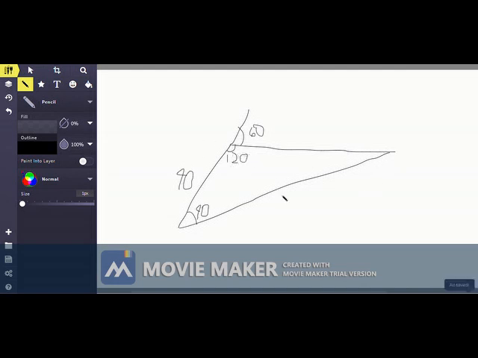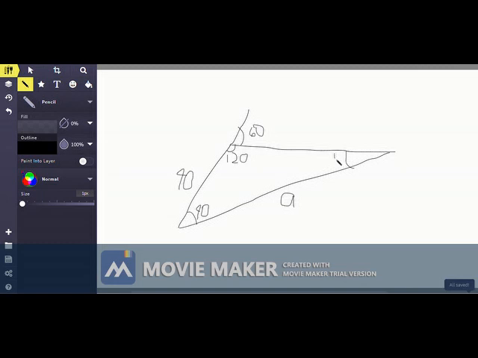We want to know how long he's walked along this road right here. We'll set that to A. In order to do that, we have two angles and a side. To find this side, I'm going to find this angle.